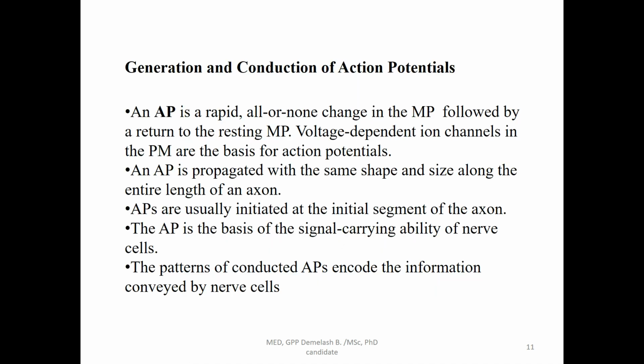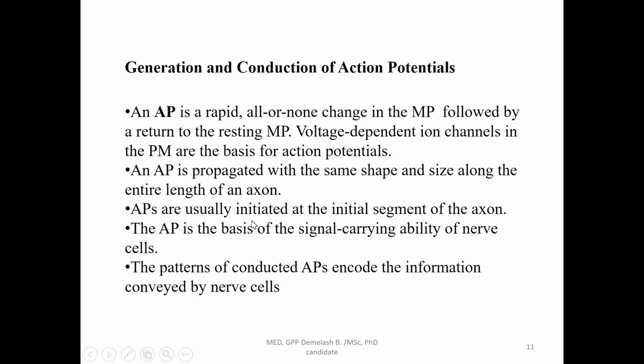So, generation and conduction of action potentials. An action potential is a rapid change in the membrane potential followed by a return to the resting membrane potential. Voltage-dependent ion channels in the plasma membrane are the basis of action potentials. An action potential is propagated with the same shape and size along the entire length of an axon.